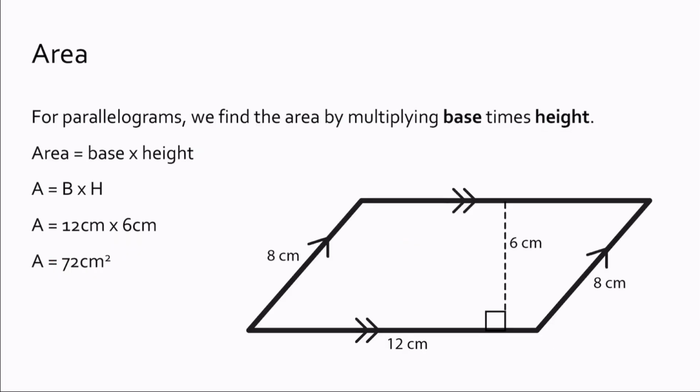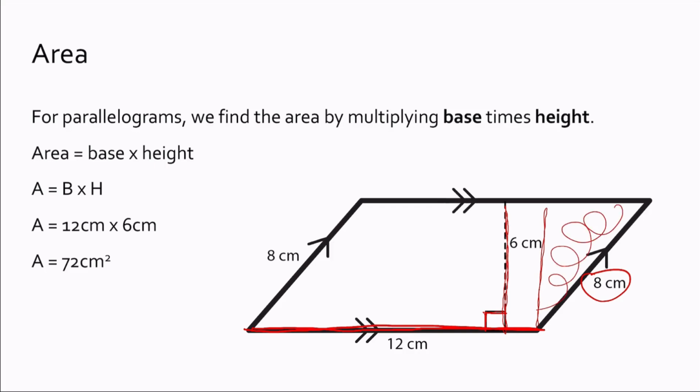For parallelograms, we find the area by multiplying the base, so this bottom part, times the height. And the height is from a right angle. So we have to be careful with parallelograms because this 8 centimeter side doesn't actually tell us anything about the area. The reason for that is that this is kind of like a little triangle, right? If we go straight up from here, we end up with a triangle over here.